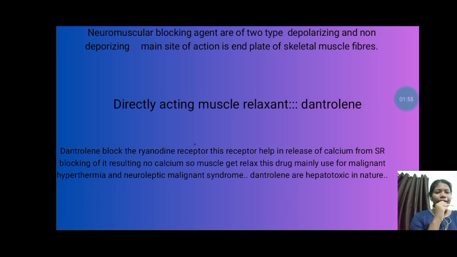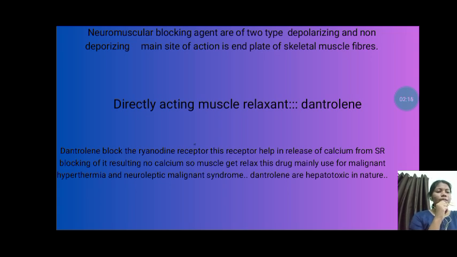Dantrolene blocks the ryanodine receptor. This receptor helps in the release of calcium from the sarcoplasmic reticulum. Normally, 99% of the calcium is present inside the sarcoplasmic reticulum, and only 1% is present in the cytoplasm.